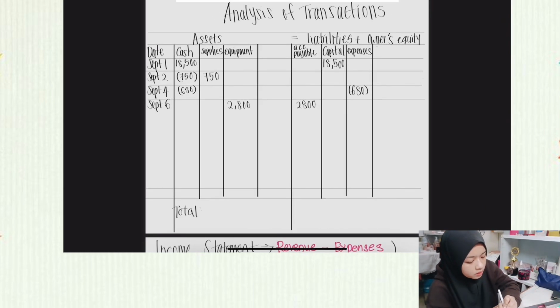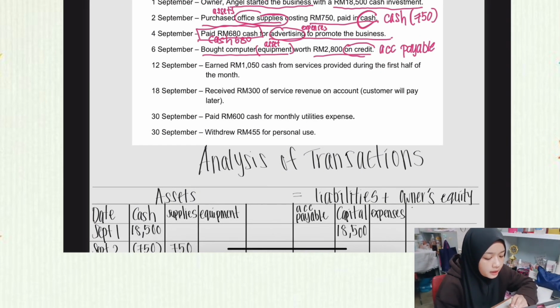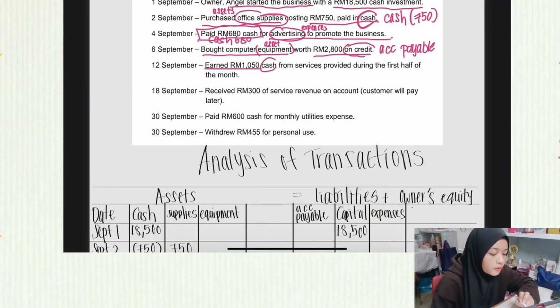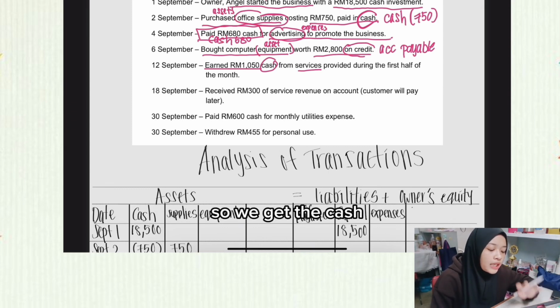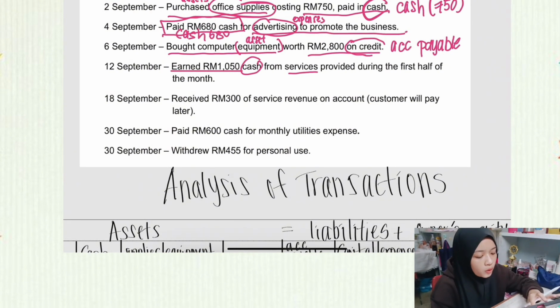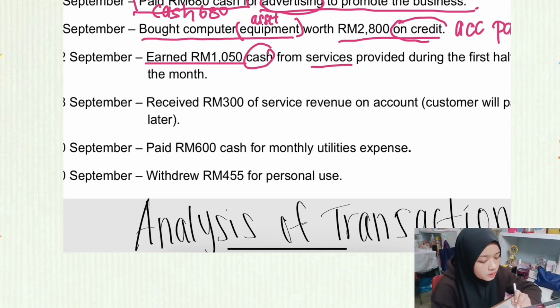2,800. Okay, next, 12 September, earn 1,050 cash from services provided during the first half of the month. So we get the cash 1,050 from services. So our cash will increase 1,050.